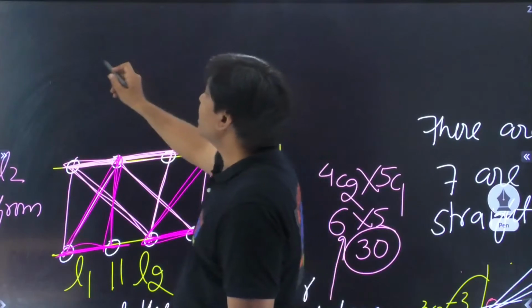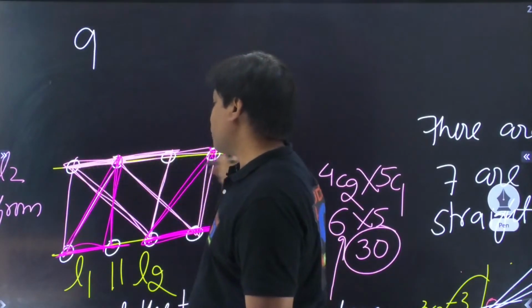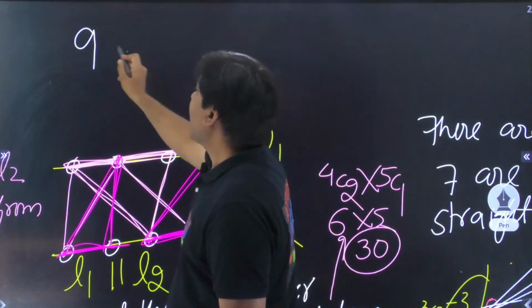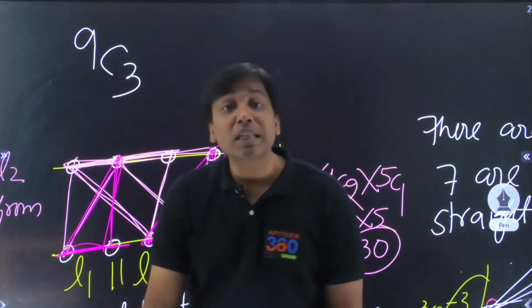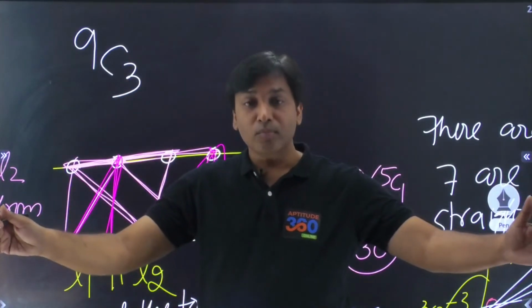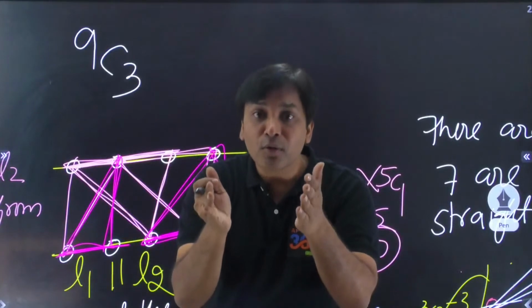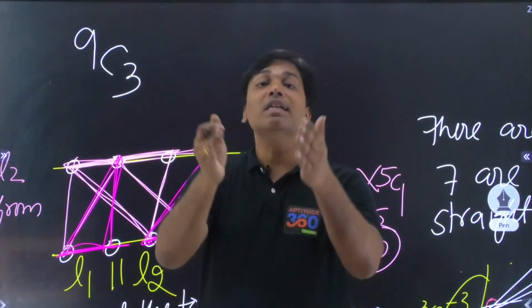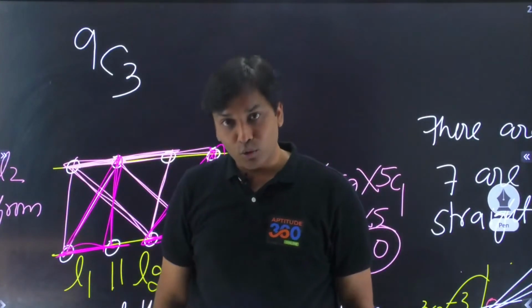मैं बोल दूं यार देखो ये 9 points हैं. 1 2 3 4 here, 5 here. Had they all been non-collinear, then the total number of triangles out of these 9 points would have been 9C3.